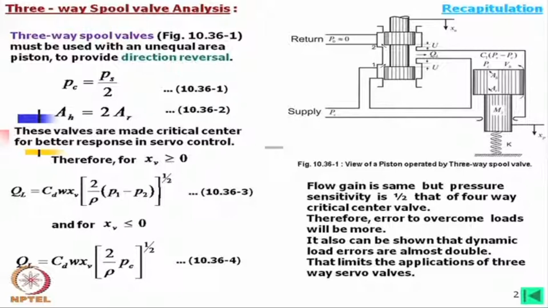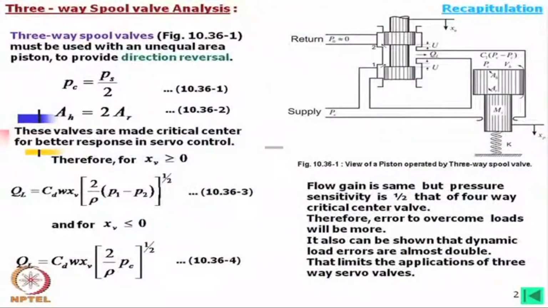There is no way that we will allow the error. But the question is, to eliminate such error, how much time can we spend? If we need to control it within a very short time, with very quick response, in that case it is better to choose a 4-way valve. Otherwise, where we can allow more time for eliminating errors, in that case we can go for a 3-way valve.